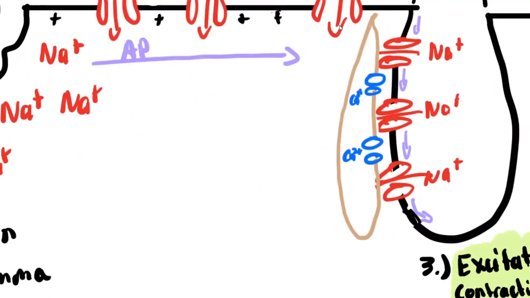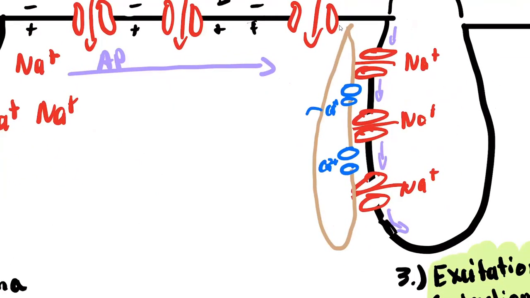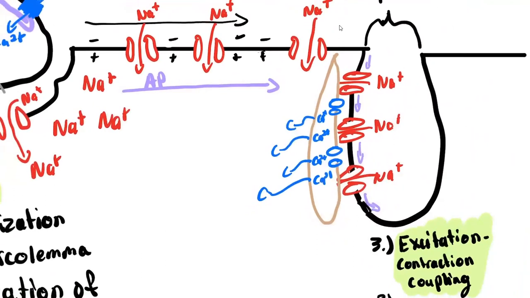Once these calciums start flowing around, this is going to lead to the last step, cross bridge cycling.